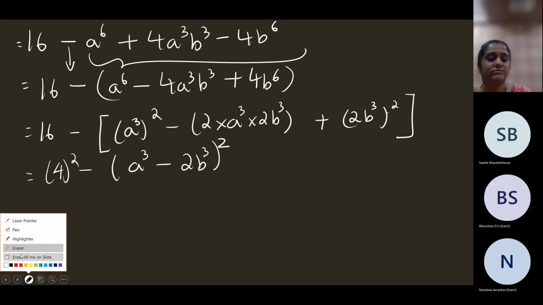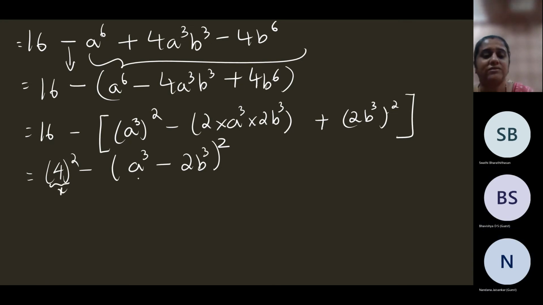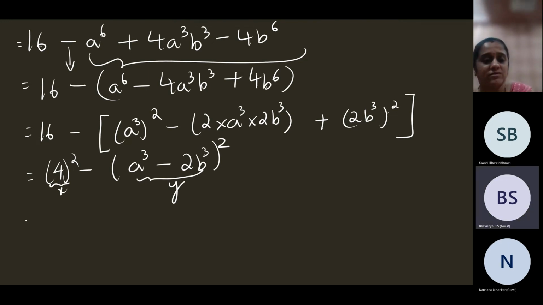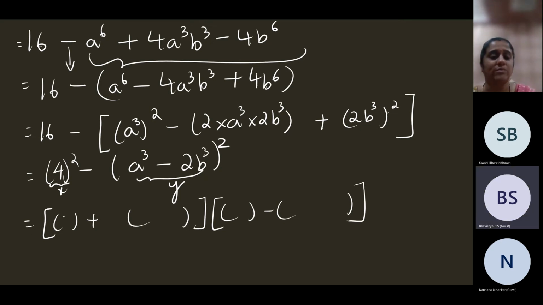Now we should bring 4. This is like x square minus y square. Yes or no? Yes, ma'am. So what should you write? X plus y into x minus y. What will come in the first bracket? 4.